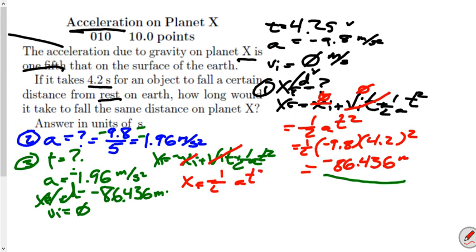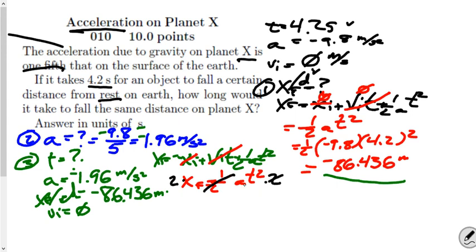Now this time we need to look for time. And I challenge you, don't put numbers in first. Try doing the letters and move the letters around before you stick in numbers. So how are we going to do our algebra? First, I've got to get rid of the 2 on both sides, so multiply on both sides by 2, and that cancels out the 1/2.